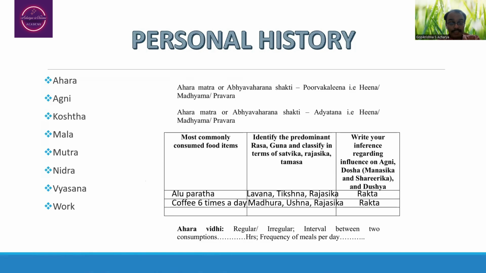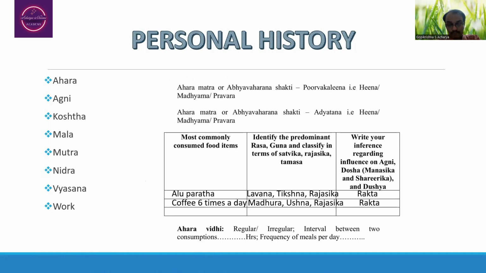Otherwise, if the person is taking aloo paratha along with dahi, there may be a possibility of lavana rasa and tikshna guna increase, plus rajasika dosha increase, plus even tamasika dosha may also get increased because of the consumption of dadhi.